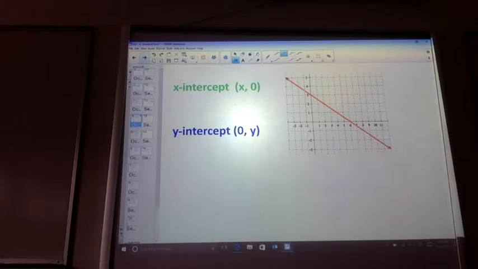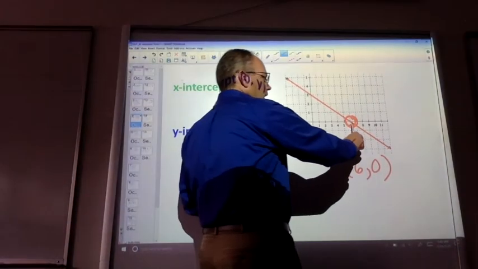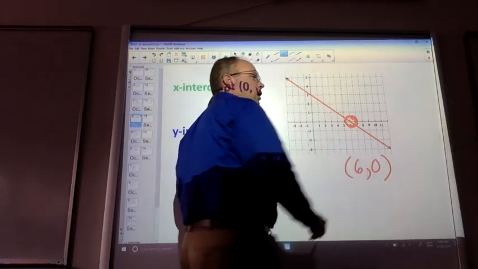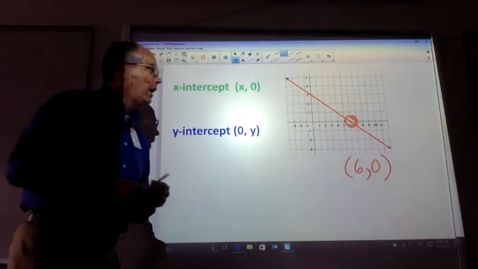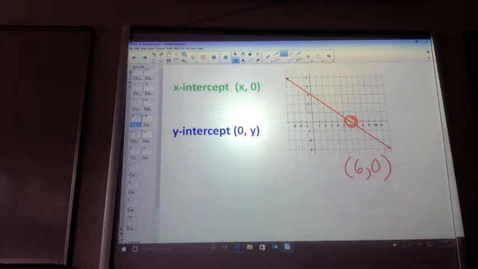So the x-intercept is right here. Agreed? So that is a point. That point right there is the point 6, 0, meaning I would go 6 in the x direction, and I would not go up or down at all in the y direction. What does it appear that the y-intercept might be?